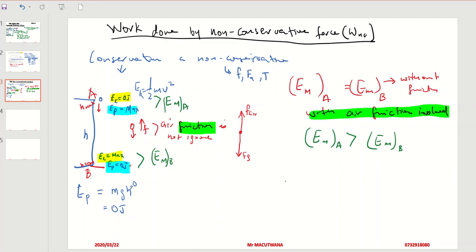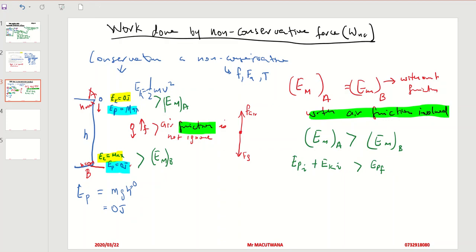So what we need to think about now is the fact that our mechanical energy is given by EP. Because the motion started at point A, we can write this as potential energy initial plus kinetic energy initial is greater than potential energy final.